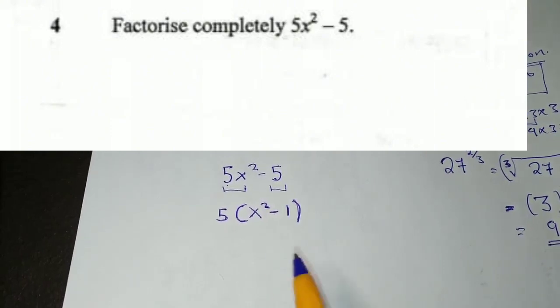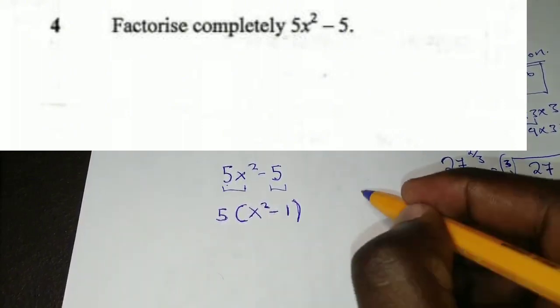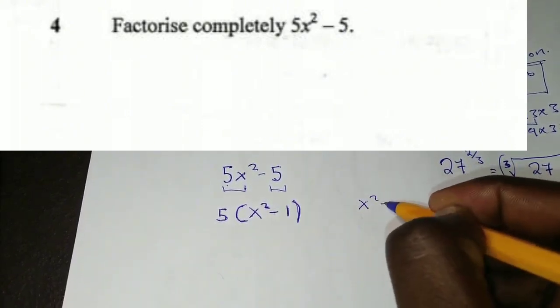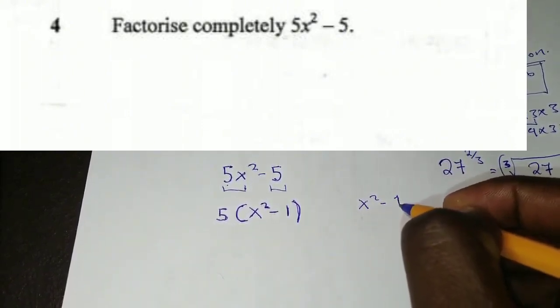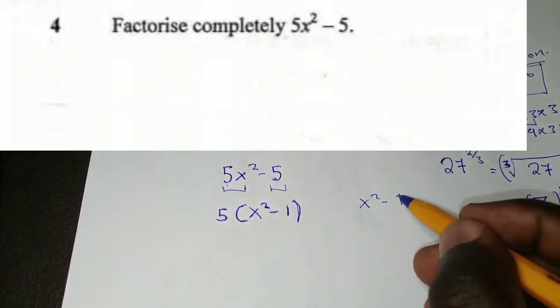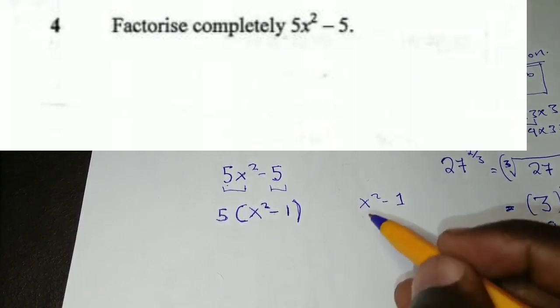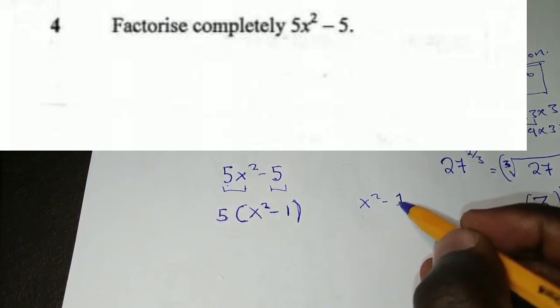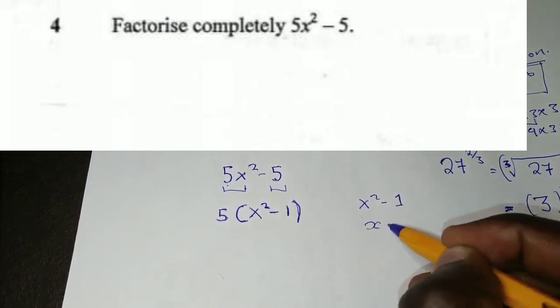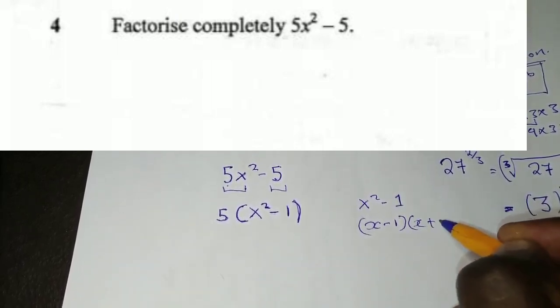Whenever you have x squared minus 1, there are many ways you can factorize this, but what I will tell you is that it will always be x minus 1, x plus 1.